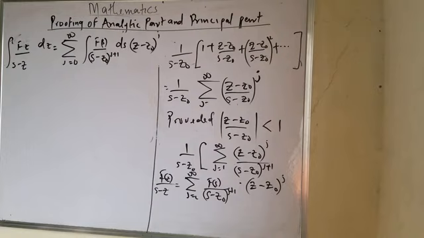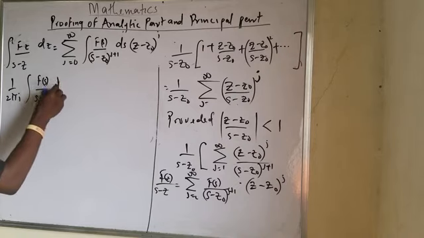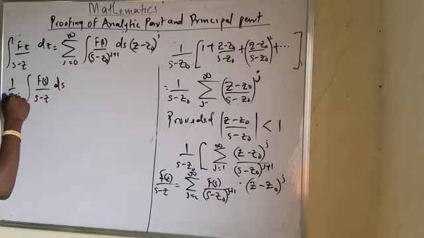Now, since I have it this way, I'll be having 1 all over 2 pi i, integral of f of z over x minus z dz dx.